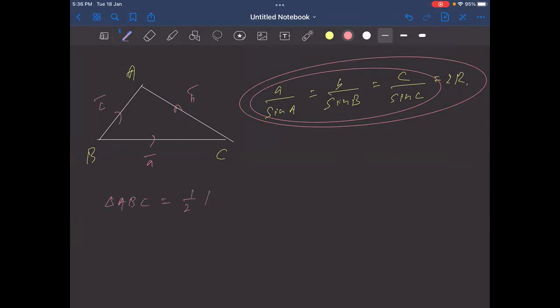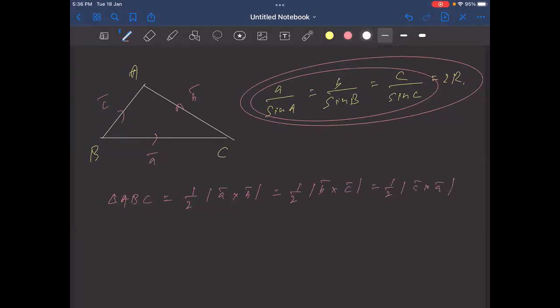Is it half mod A cross B? करेक्ट है. ठीक है, तो क्या होगा, जैसे ये दोनों को if you take these two, इन दोनों को इक्वेट करेंगे तो क्या क्या कैंसिल हो जाएगा? Half will be cancelled.